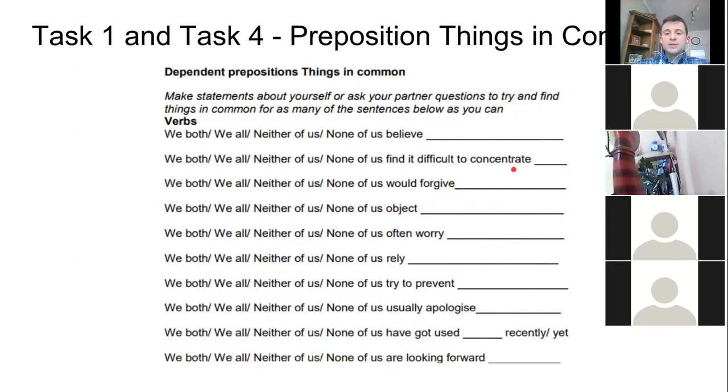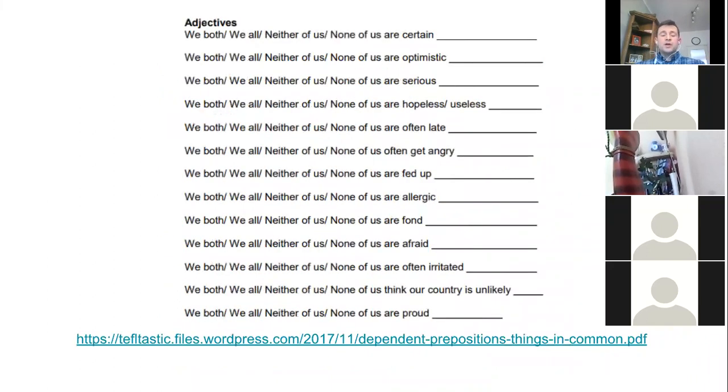And then there is a discussion. They pick one of them and they try to come to an agreement on something that they all object to, for example. So it's combining the written grammar and also a little bit of speaking, a little bit of interaction. Hopefully they'll remember it a bit better if they're using it again and again in a speaking activity. So the first half of the sheet is about verbs, and the second half of the sheet is about adjectives and preposition collocations.